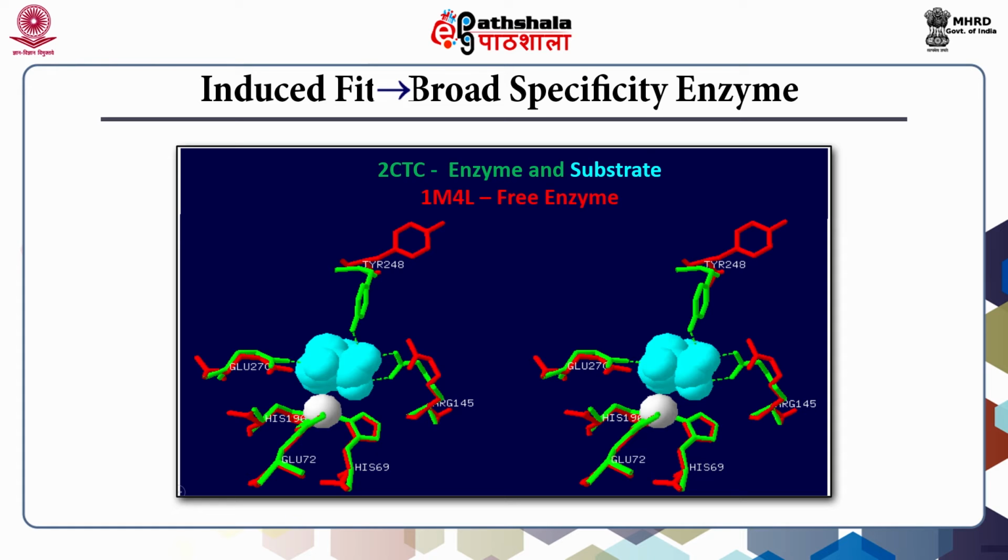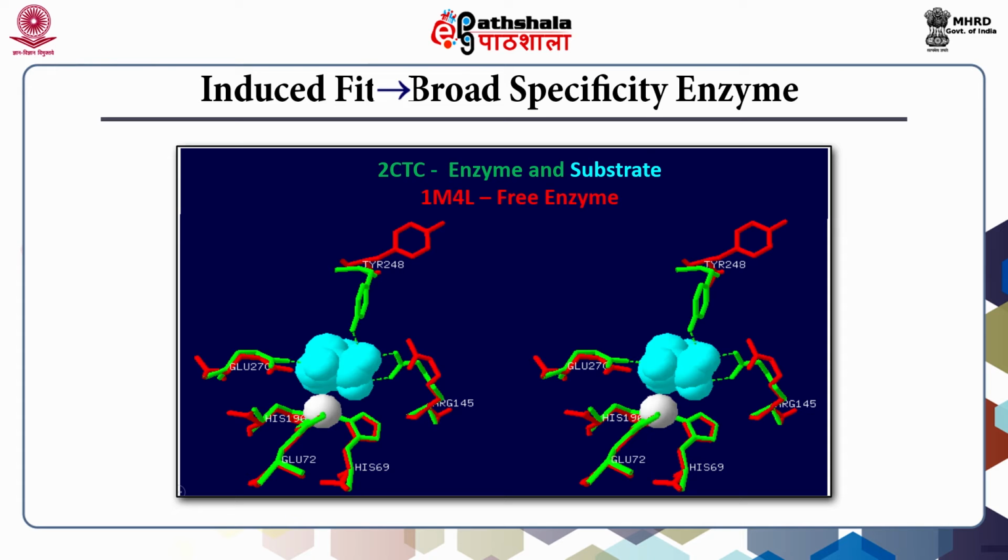Mutation of tyrosine 248 to phenylalanine therefore has no effect on the rate of the chemical reaction, revealing that it is involved in binding only. Arginine 145 is involved in a stabilizing interaction with the C-terminal of the substrate, that is the peptide. Therefore, display tyrosine 248 and arginine 145.